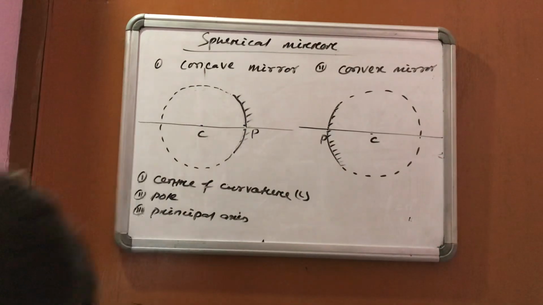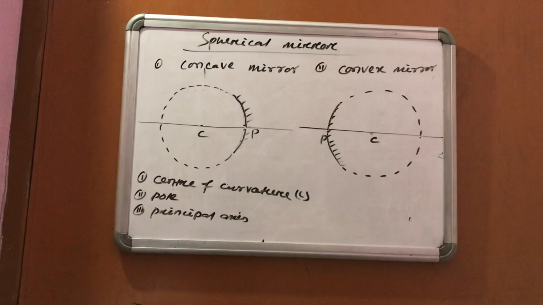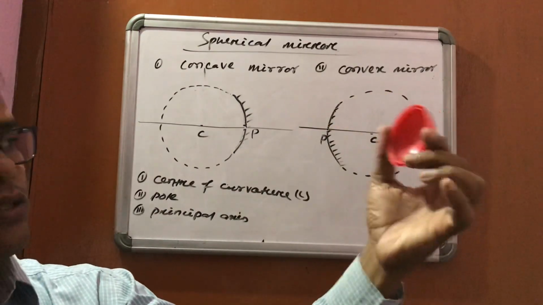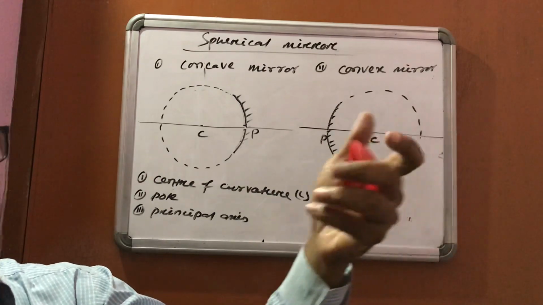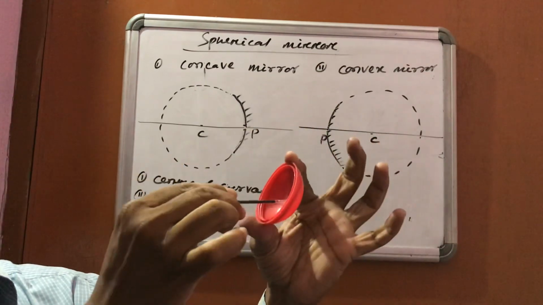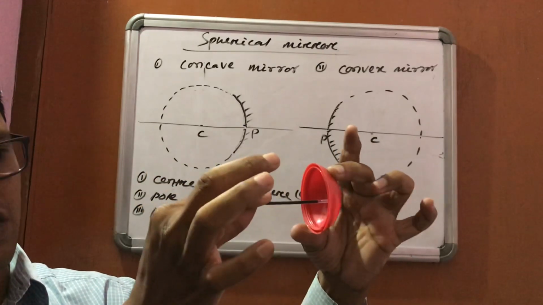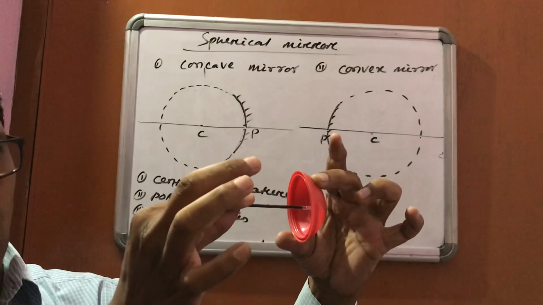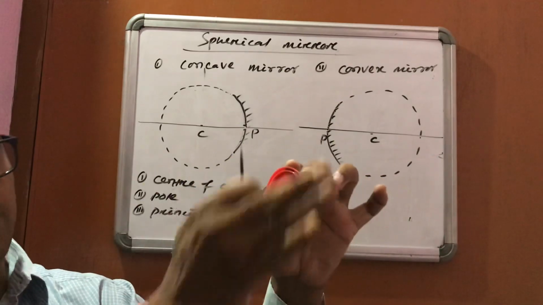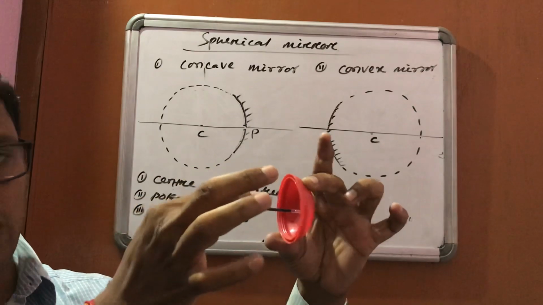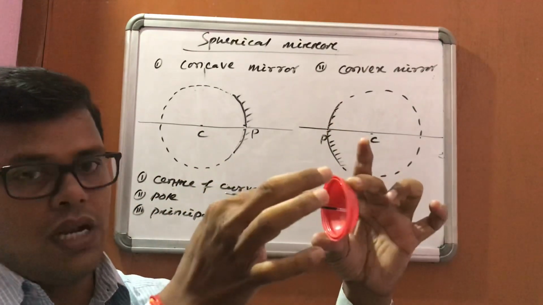For example, suppose this is a concave mirror, this point is the pole, and this is the principal axis.